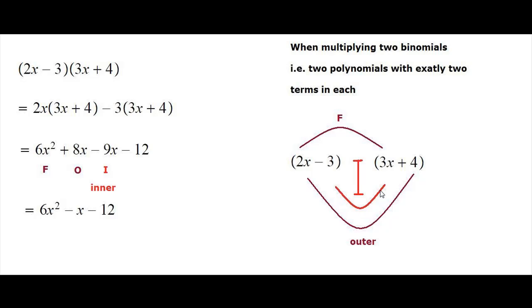Makes sense? Okay, good. And then you look at the last, okay? So this is negative 3 times 4, which is negative 12. That's last, and this should have been an I. So this method is called the FOIL method, right? Everybody clear?